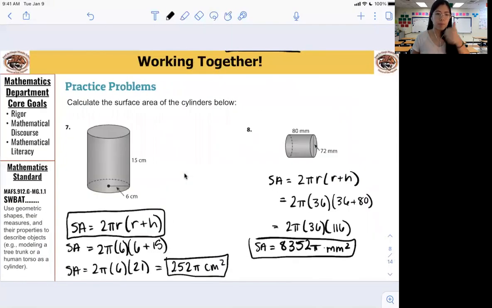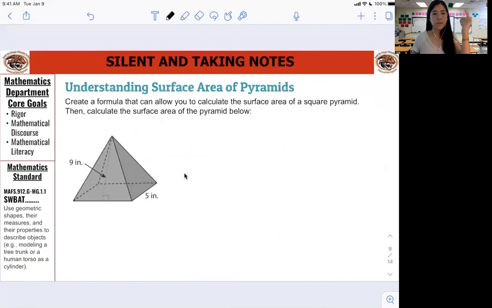All right, we've done prisms, we've done cylinder. Now let's move on to pyramids. Now I don't have the net of this pyramid here because I want us to try to come up with it together. What are the different faces of this pyramid? Or in other words, if I broke it all apart, what would I end up having?